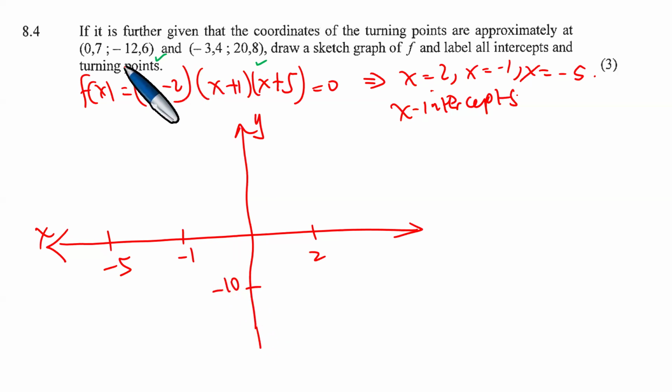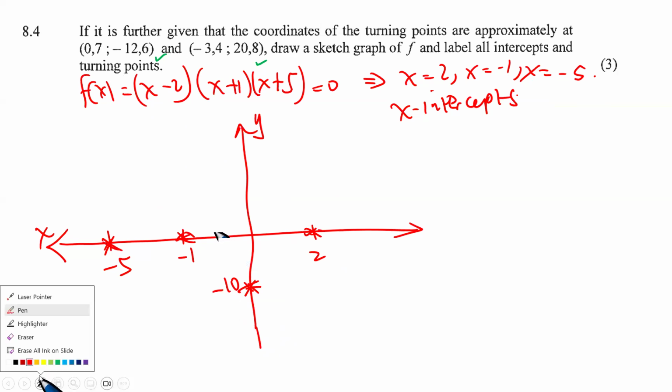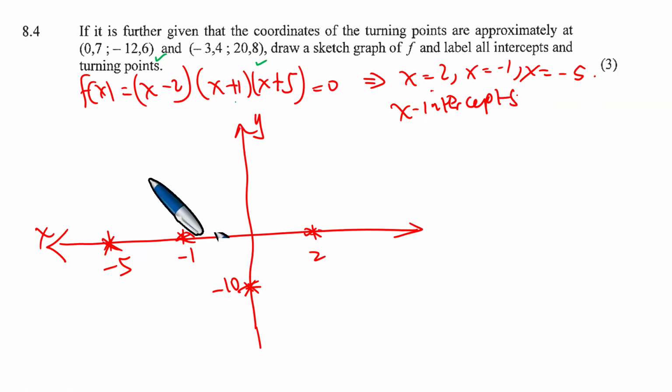Here these are our x-intercepts, so we don't miss them: 2, minus 1, minus 5. And this one here is our y-intercept, so we can't miss that. Next, we position the turning points with the coordinate axes at this point. These are namely 0, 7 and minus 12, 6.